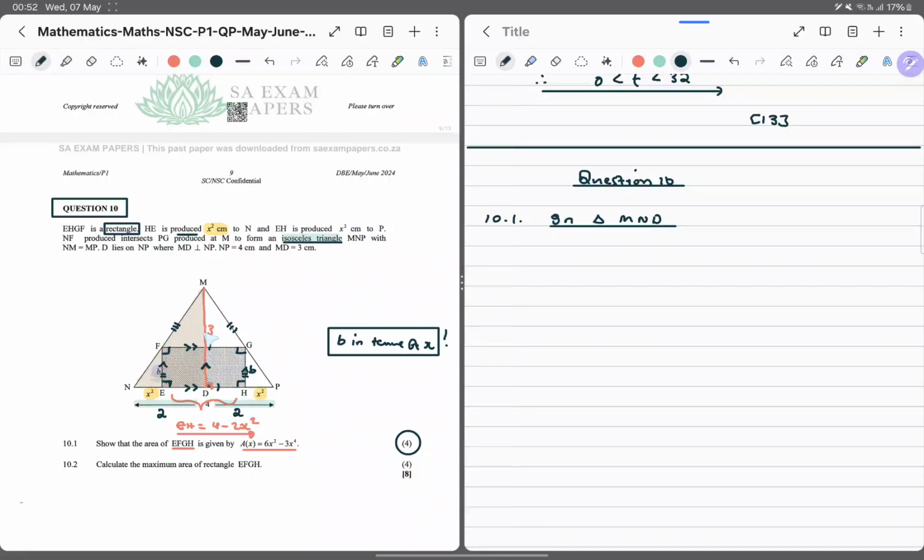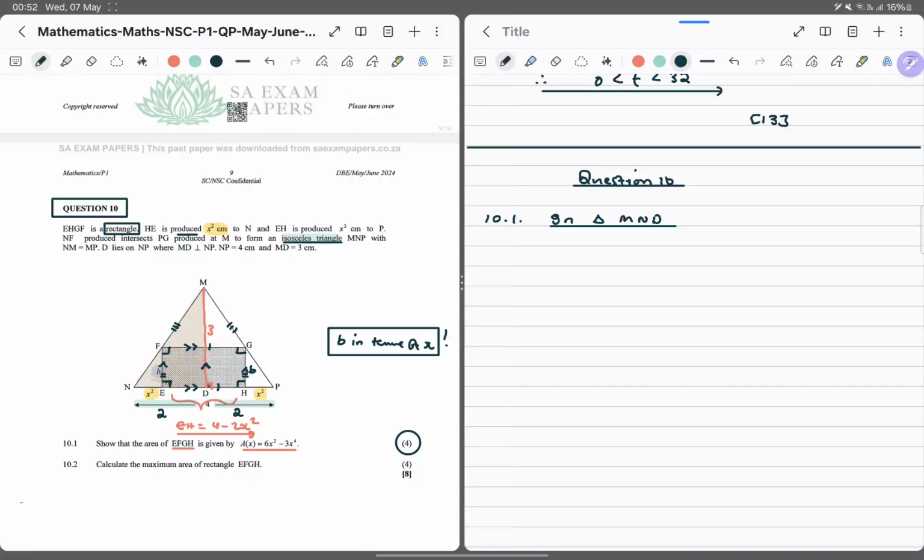So we're interested in this side EF in terms of X. So this will work with this. So this would mean that short segment NE has to work with the entire ND. More like looking at the two similar triangles, this small one, NFE, and NDM, or whatever.